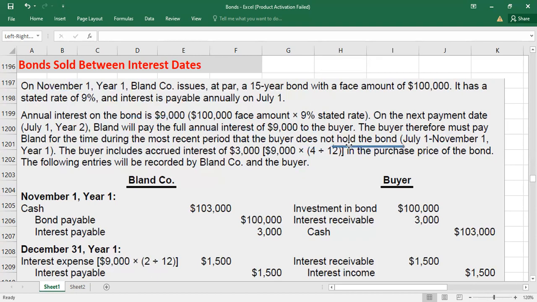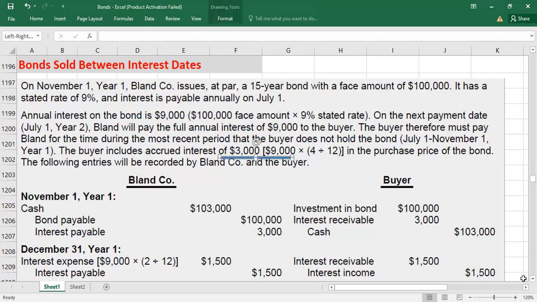So the buyer will pay the interest for 4 months to the borrower. If you calculate it, you have an annual interest of $9,000 multiplied by 4 over 12, because you want interest for 4 months. So you will get interest of $3,000 for the period for which the buyer does not hold the bonds.